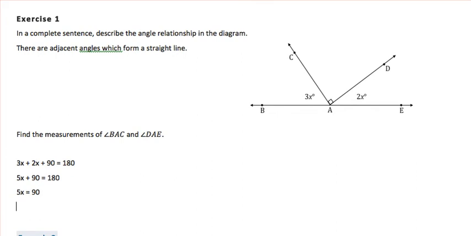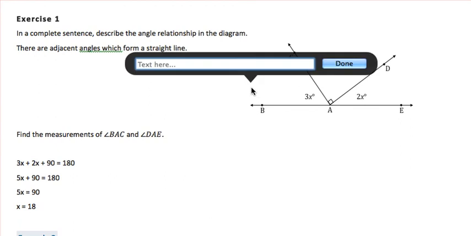And finally, we would divide 90 by 5, which will give us 18. So x is equal to 18, but that doesn't give us the measurements of the angles. That just tells us what x is. 3x then would be 3 times 18, which is 54.